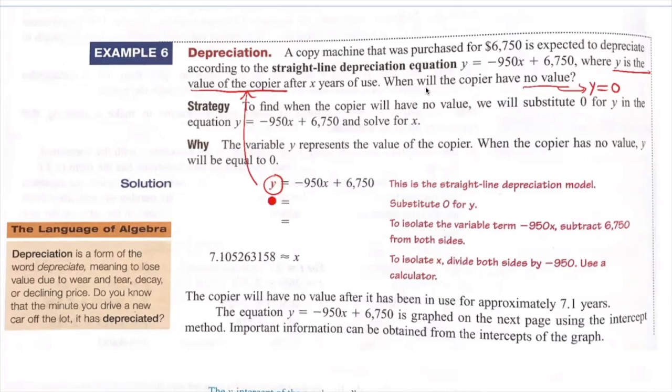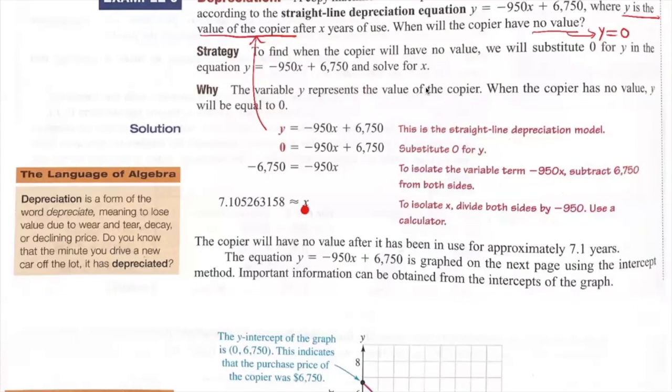And then we're trying to solve for X. We want to find out the corresponding year. So solve this equation. We subtract 6,750 on both sides. Now, in this step, we undo the multiplication by dividing by negative 950 on both sides.